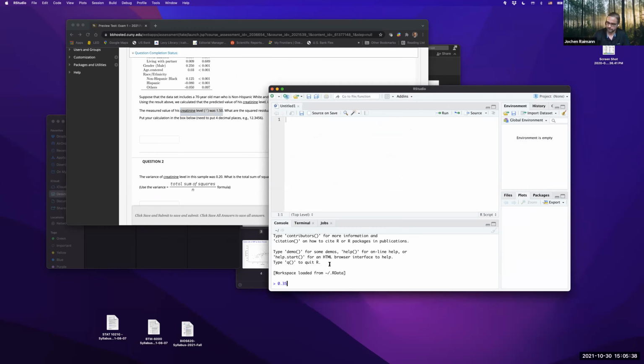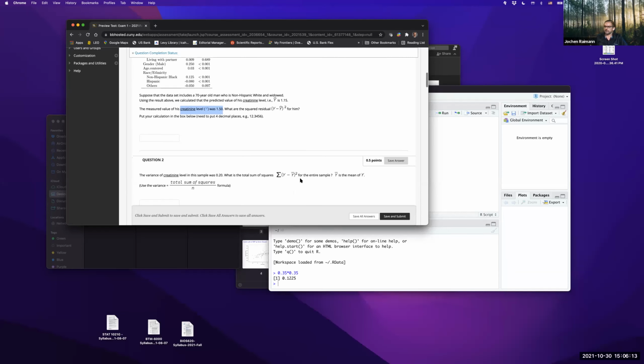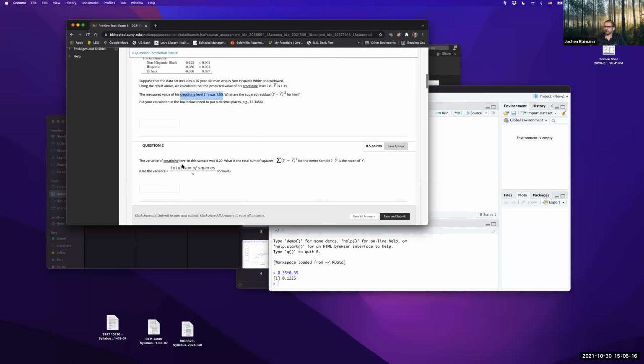Okay, so 0.35, 0.1225. So now we're looking at the variance. So the variance of creatinine level in the sample was 0.2. What is the total sum of squares for the entire sample? Y bar is the mean of Y. So essentially, if we know that the variance is 0.2, we essentially have the variance being calculated as total sum of squares divided by n, right?